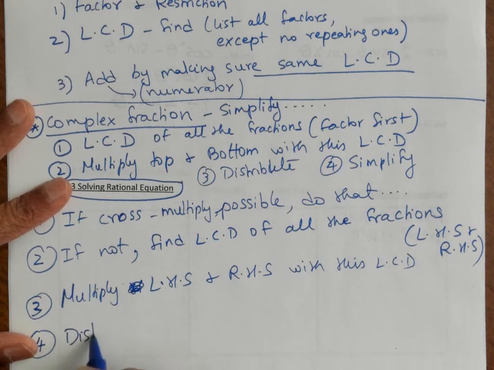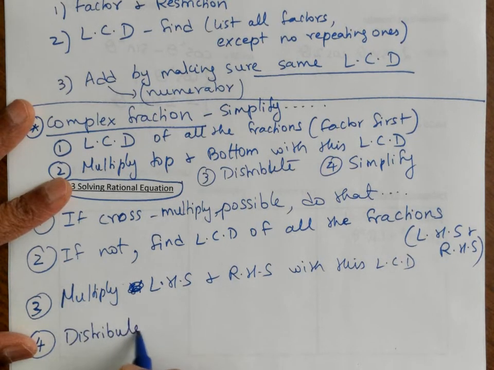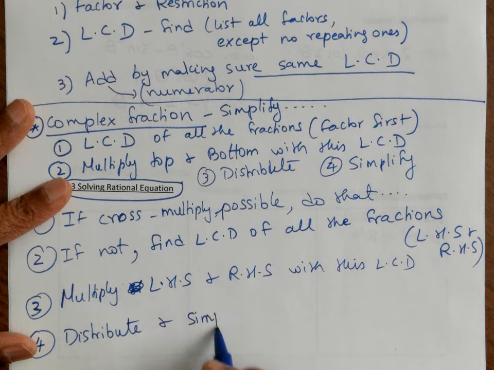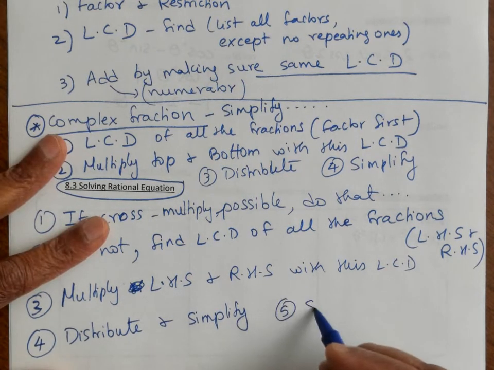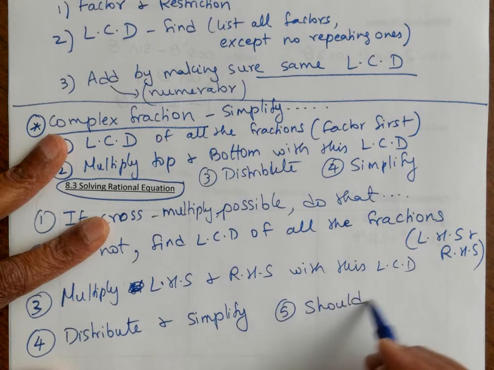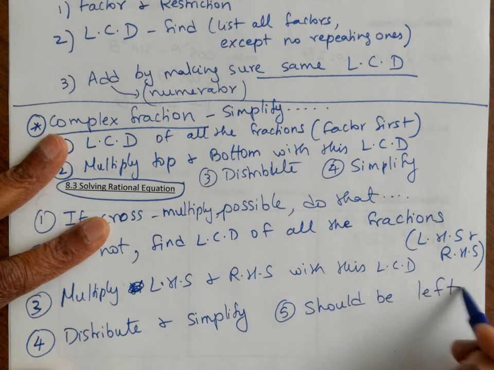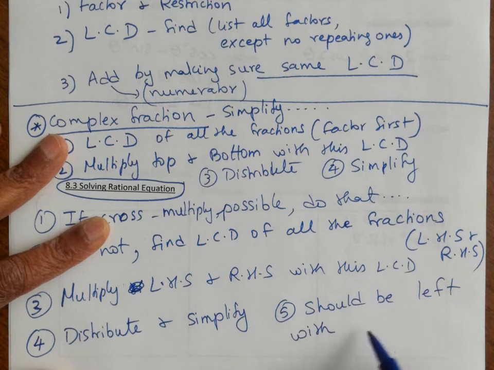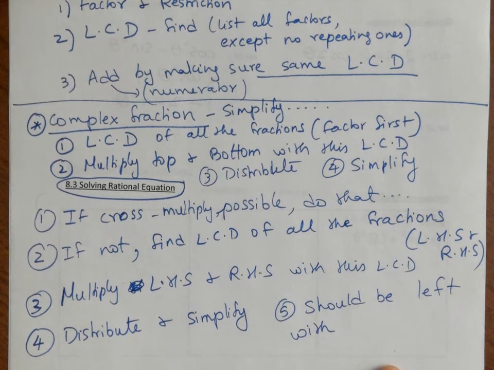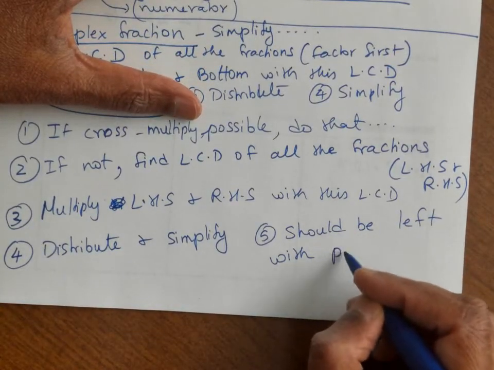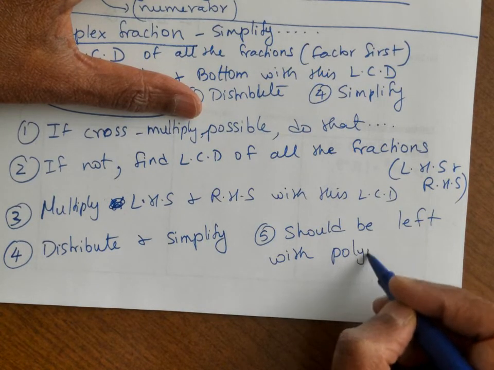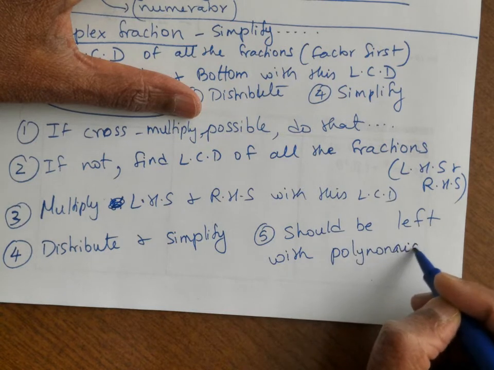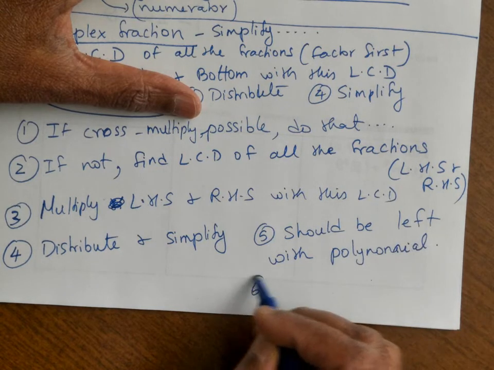So distribute and simplify, because when you distribute, all the denominators will get cancelled, and you're left with no longer a rational expression, you will have a polynomial. Polynomial means linear, quadratic, any of those that you know how to solve. And then you solve the polynomial.